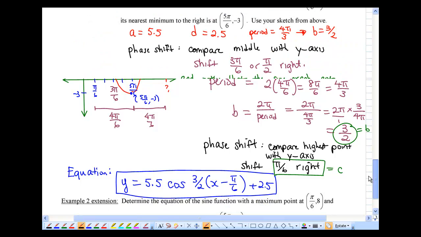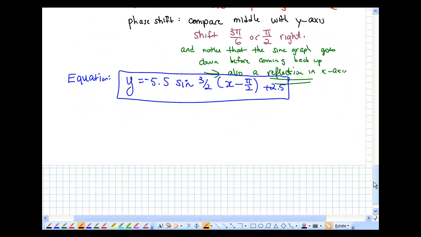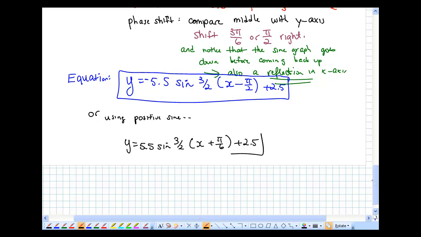I'll just say down here, and you can think about this too, using a positive sine. I'll let you think about this, but I'll just ask you to write this down if you don't have time to think. The actual phase shift is pi over 6 to the right. Oh, sorry, to the left.